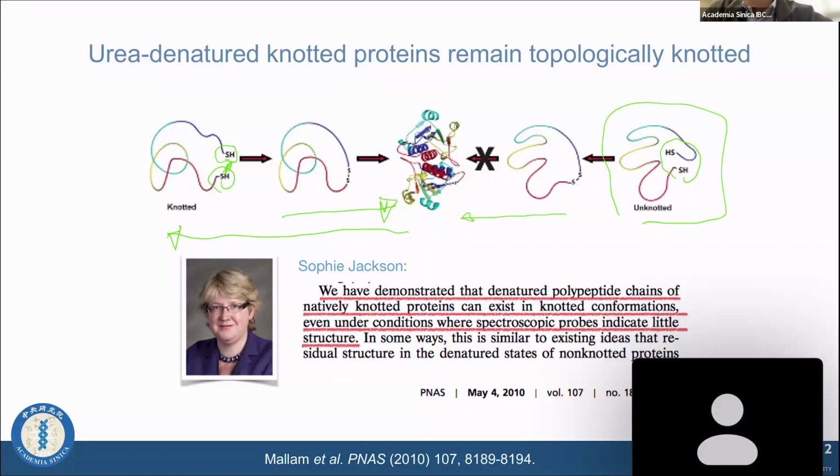What Sophie found, surprisingly, was that all the proteins are able to return to the native state when they are cyclized under denaturing condition, meaning that these proteins remain knotted or loosely knotted under denaturing condition in their experimental setup.